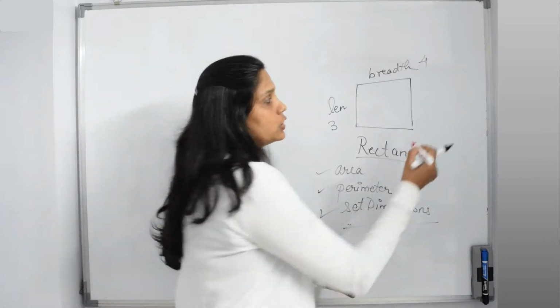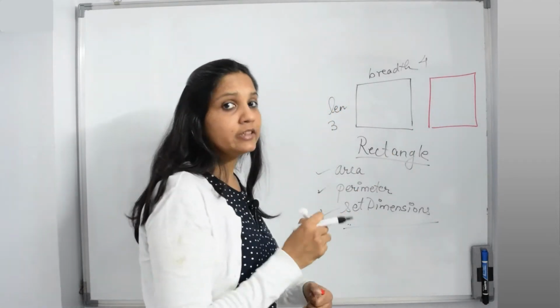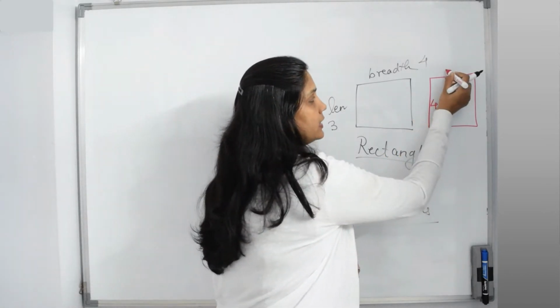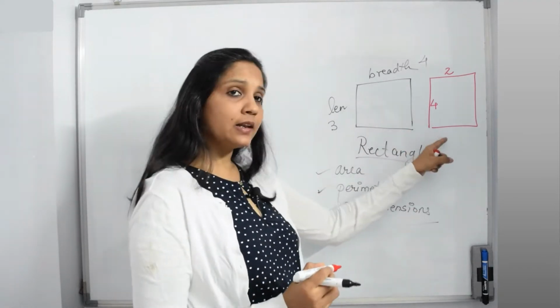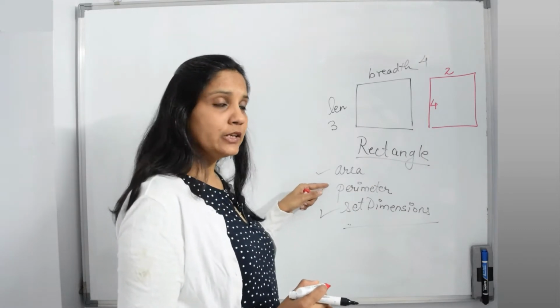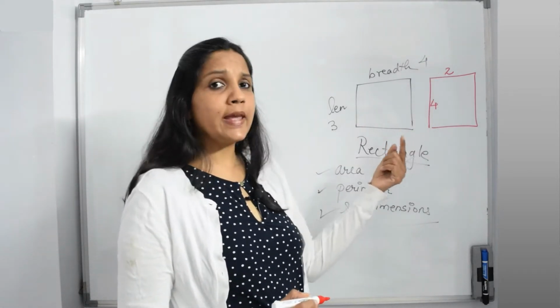If I now want to create one more rectangle, I can with different dimensions, say length as 4 and breadth as 2. Will I be able to find the area of another rectangle with different dimensions? Will I be able to find the perimeter of another rectangle with different dimensions? Yes, we can, right?